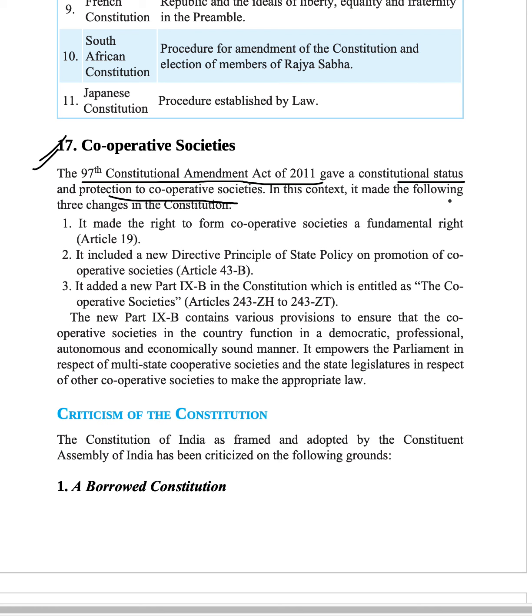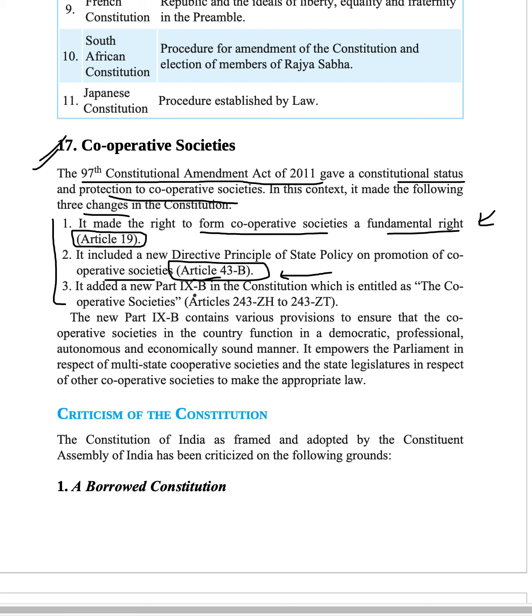In this context, it made the following 3 changes in the Constitution. What are those 3 changes? First, it made the right to form cooperative societies a fundamental right under Article 19. That is, Article 19 comes under right to freedom, so you should mug it up and remember it. Then it included a new directive principle of state policy on promotion of cooperative societies under Article 43B. So just remember this also, that it's a directive to the state to promote cooperative societies.